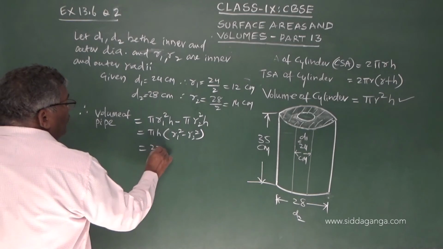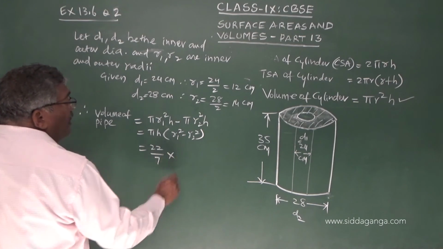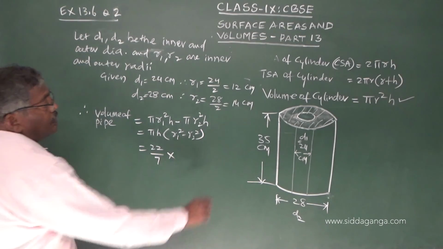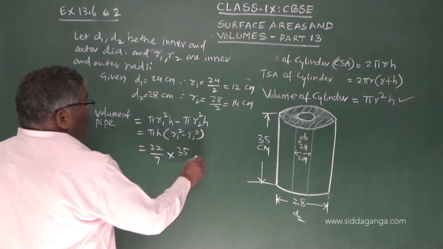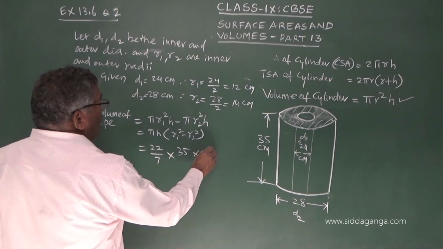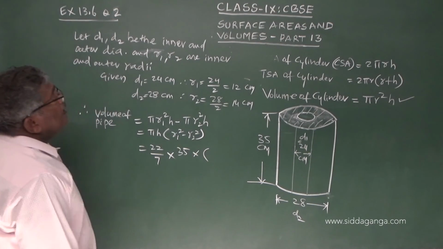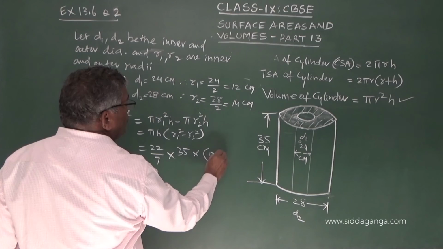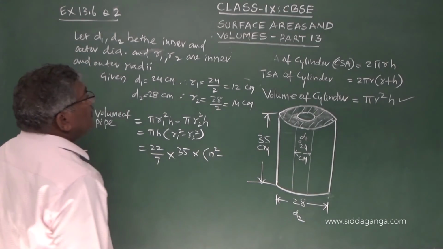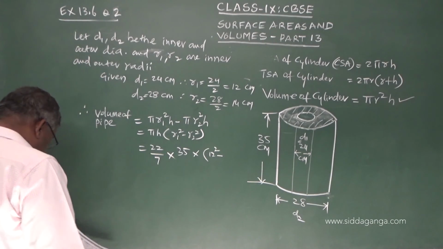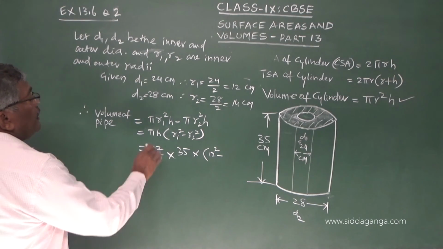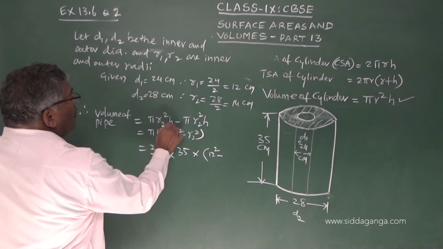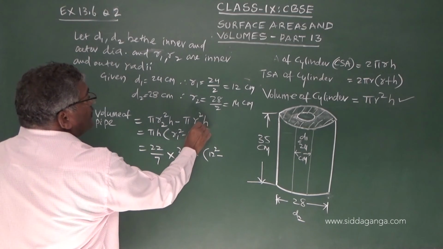So this equals 22 by 7 into H, H is 35, into bracket, here R2 is bigger, so R2 square minus R1 square we have to take.